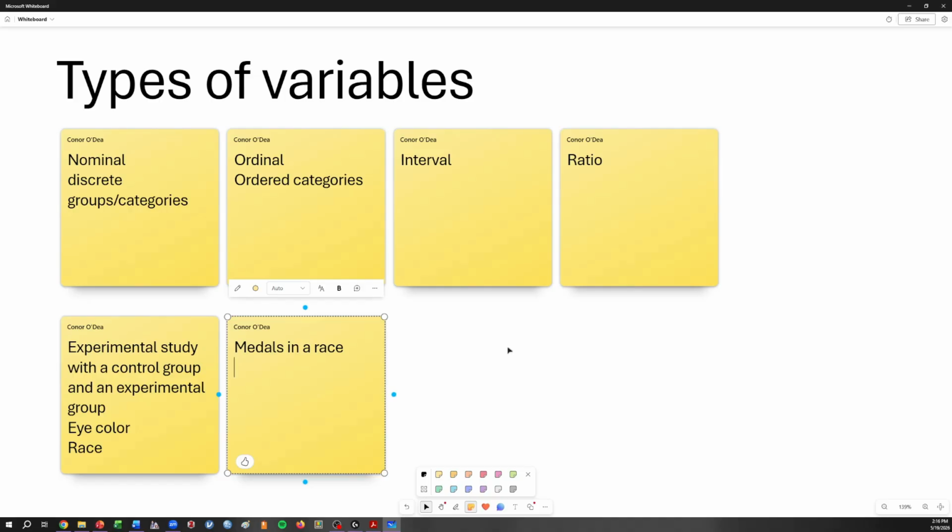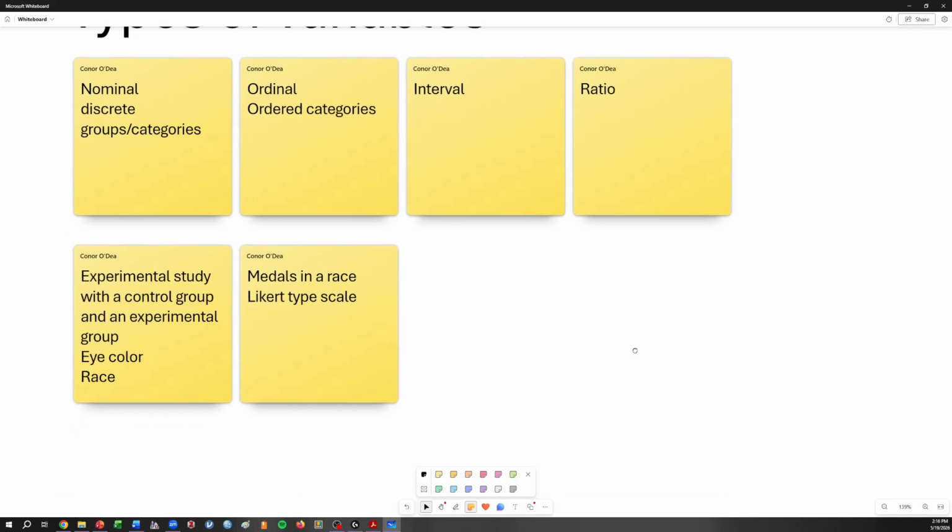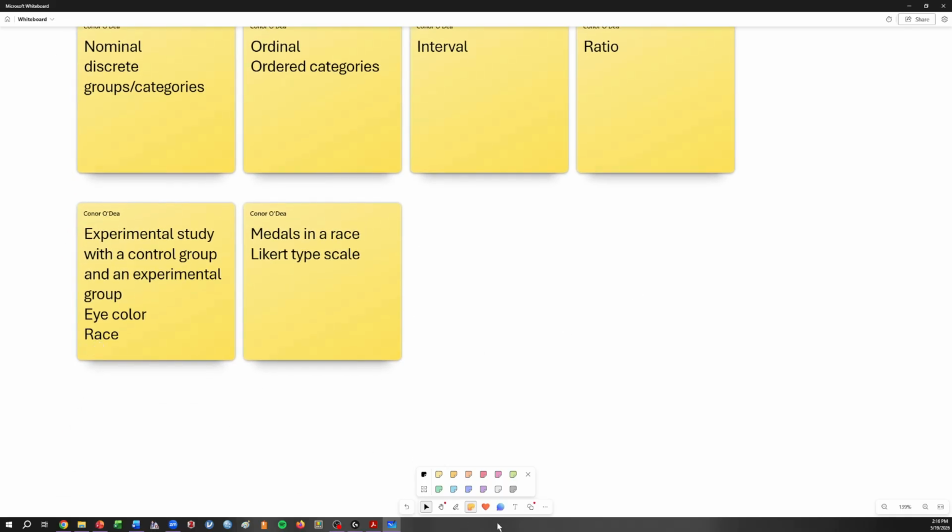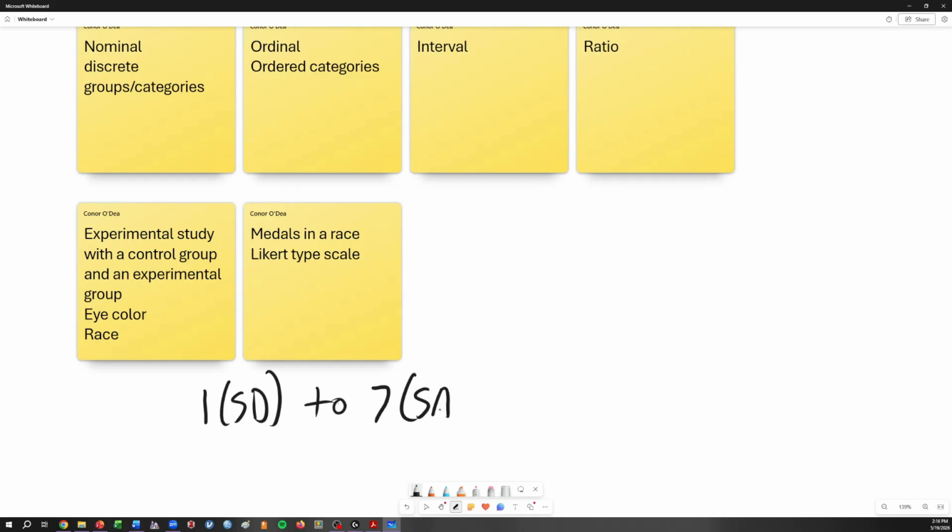Let's also look at some other ordinal variables. So another ordinal type variable would be a Likert type scale. And if you're wondering, a Likert type scale is one of those that is like measured on a 1, strongly disagree, to, for example, a 7, strongly agree scale.